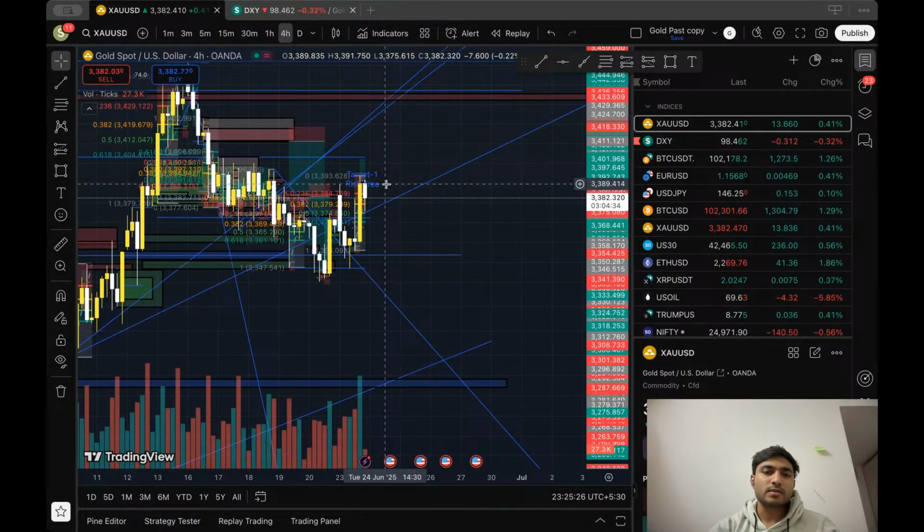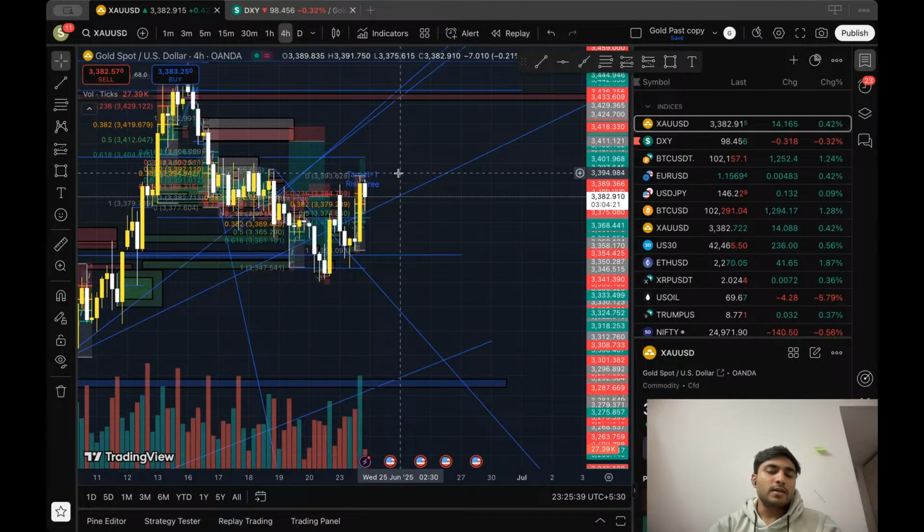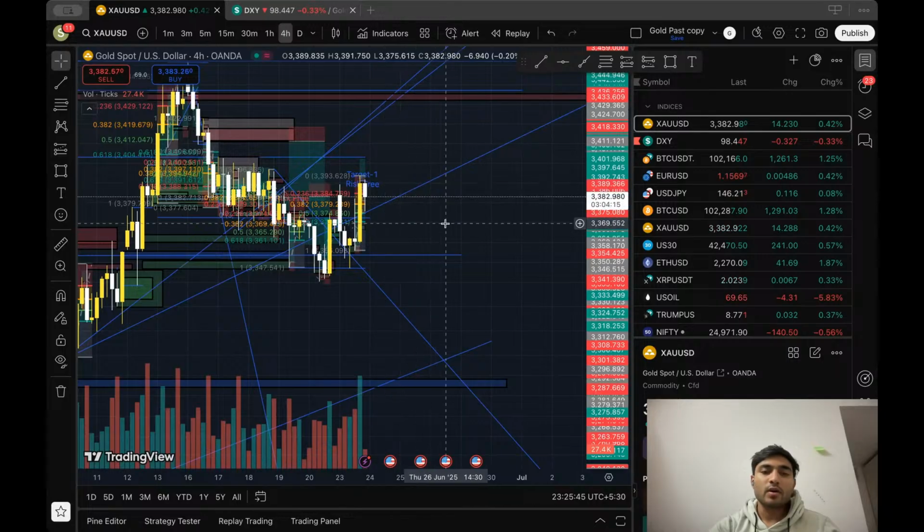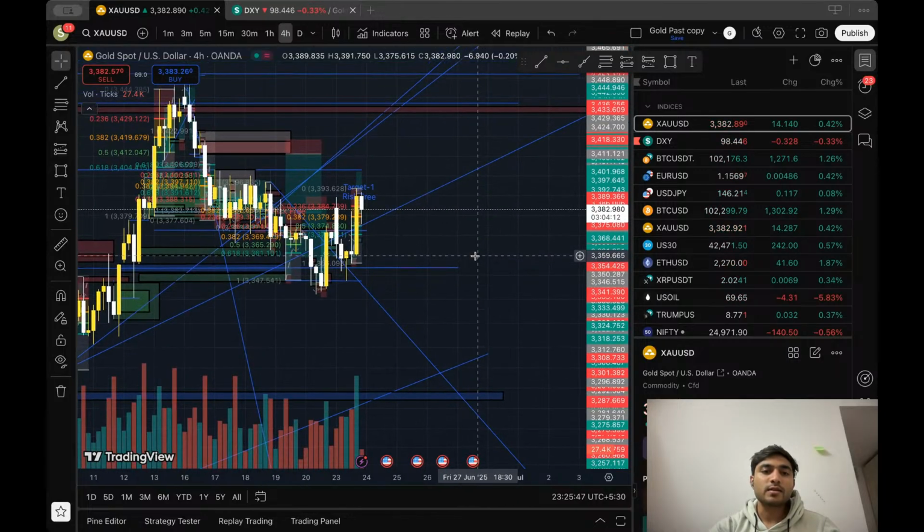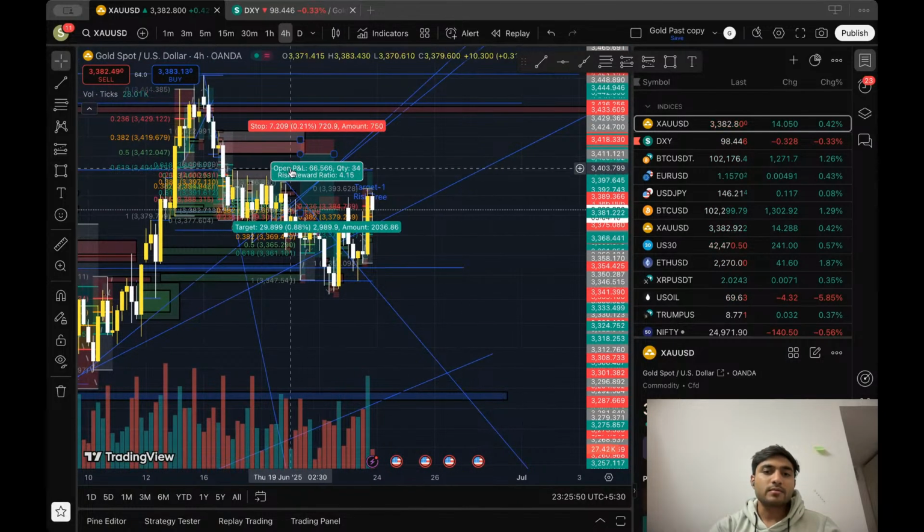Closed above this, and I think maybe it will form an order block. A 4 hour order block we'll have, then we'll have a big bullish move. And it's sad what would happen in the Asian session. If it happens in the Asian session, that's very sad because we already predicted this move and we are behind it.